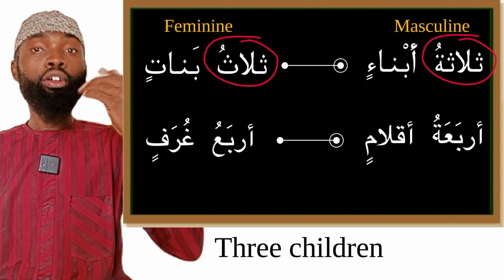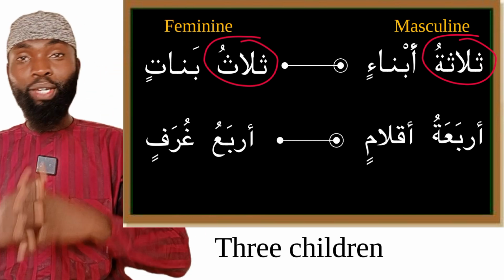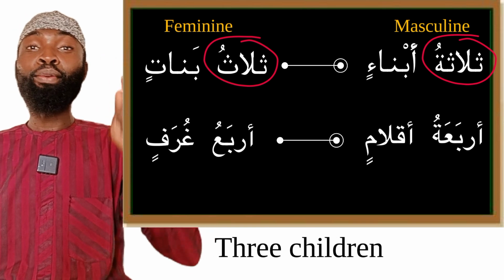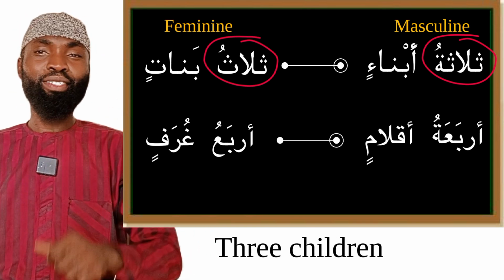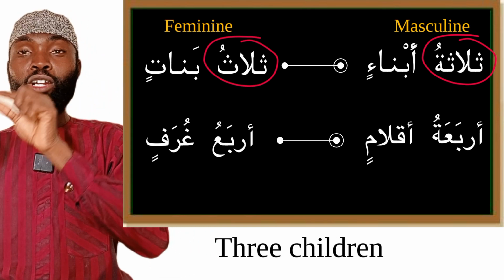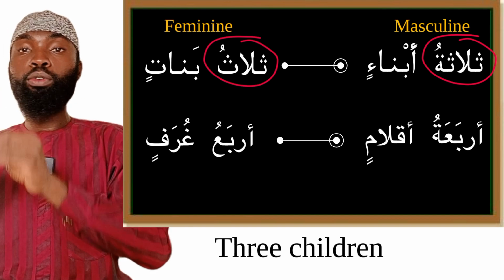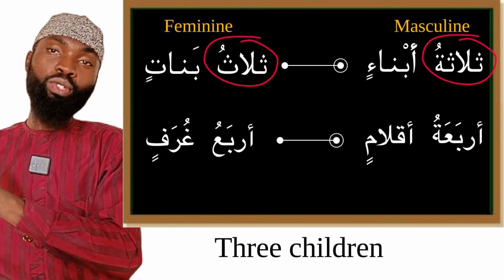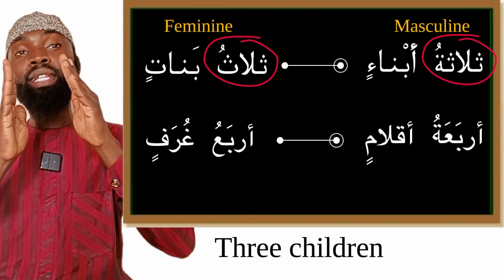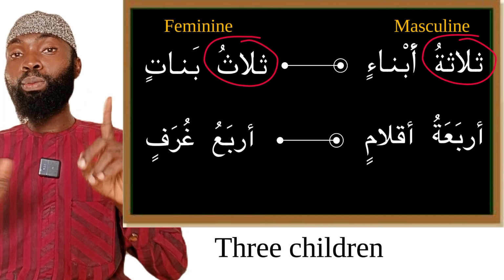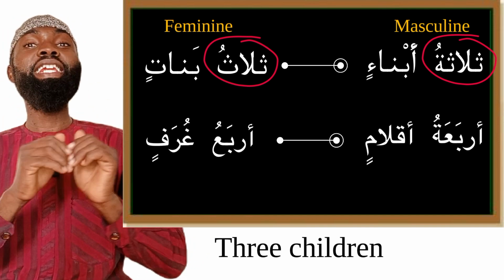But when we're talking about daughters or female children, what do I say? Thalathu banatin. So thalathatu with the ta'u marbuta will be for masculine nouns when counting masculine words. But thalathu without the ta'u marbuta is the one to be used for feminine nouns.